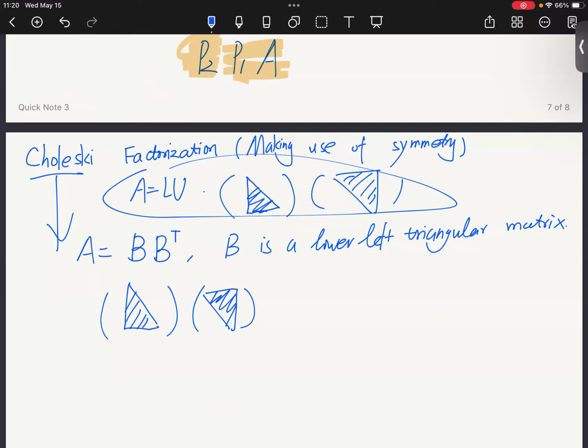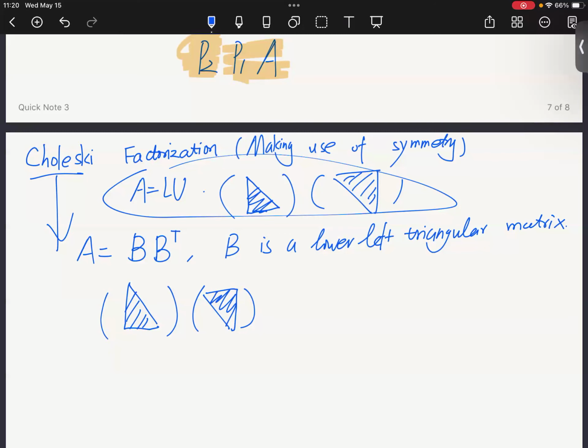Because this is an n by n matrix, if we calculate how many entries here, it should be n by n and then divided by 2. But here the upper right part is all zeros.